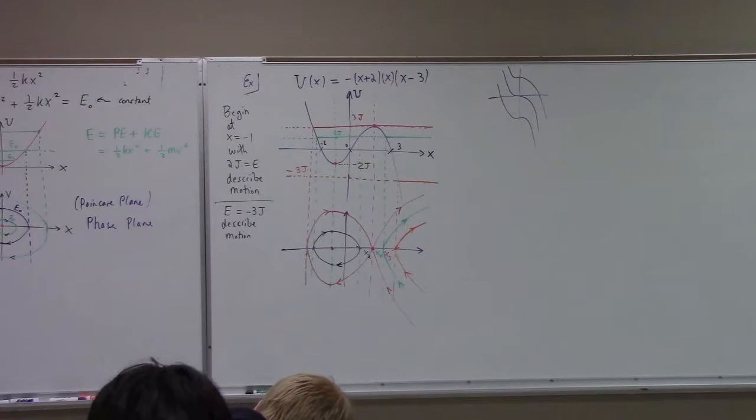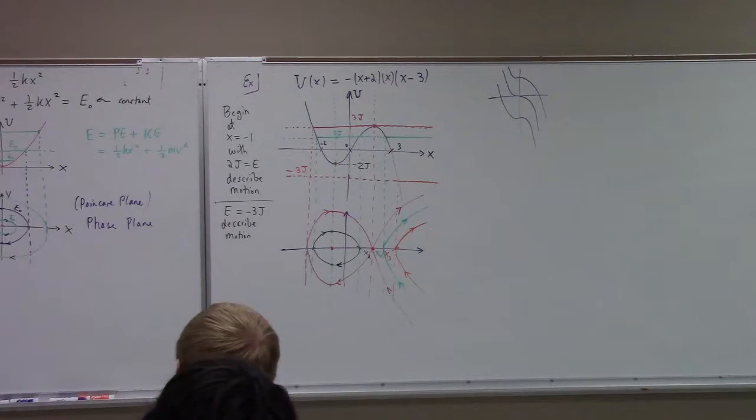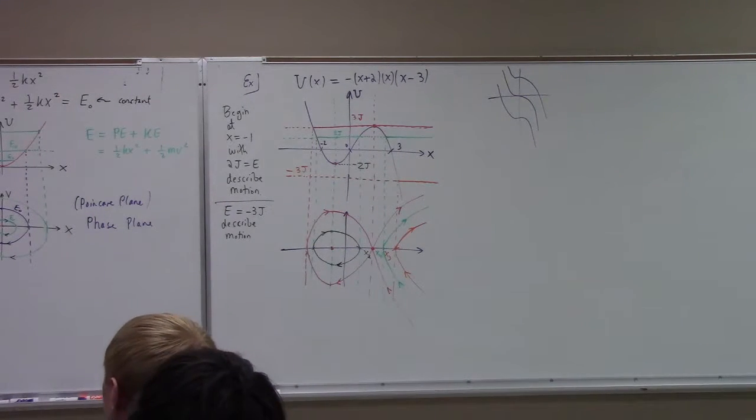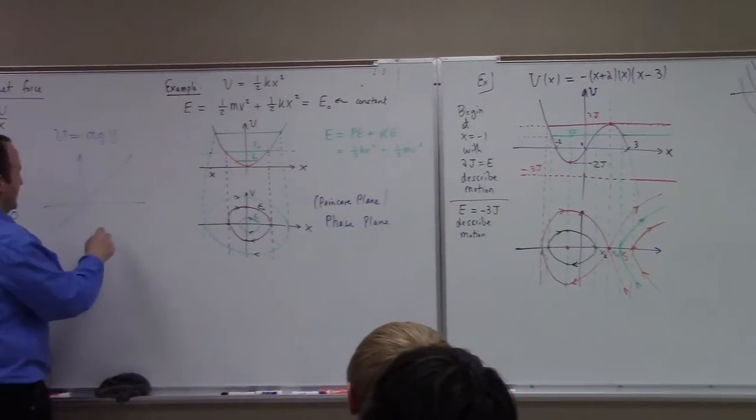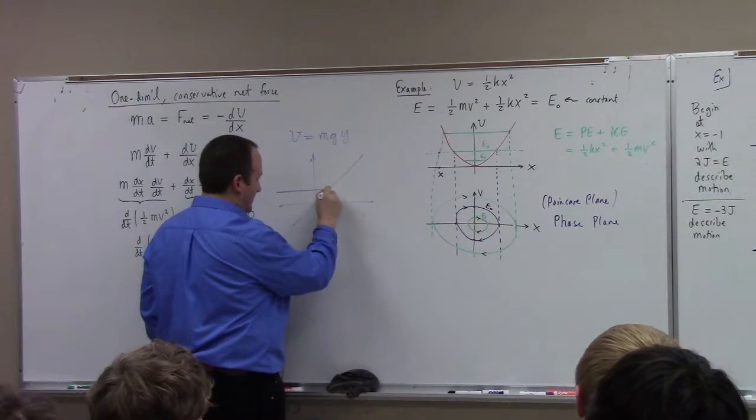So typically what happens is, in an actual problem, you don't really have this forever and ever for all y. It's mgy right up to the point you hit the table. There's some minimum y called the floor. So the actual graph for physical problems is kind of more like what? Like this, right?